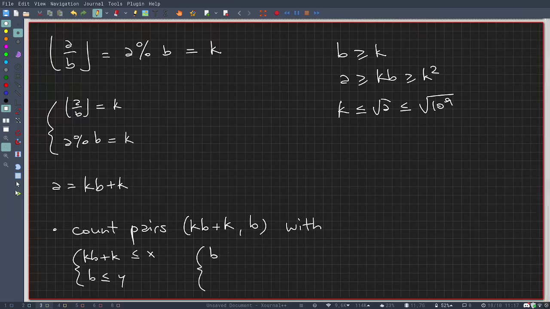So we have something like b less than or equal to x minus k divided by k, and b less than or equal to y. And actually we also have this condition, let's not forget.